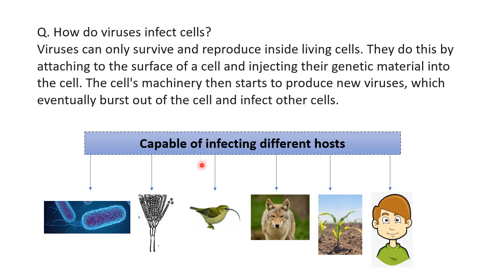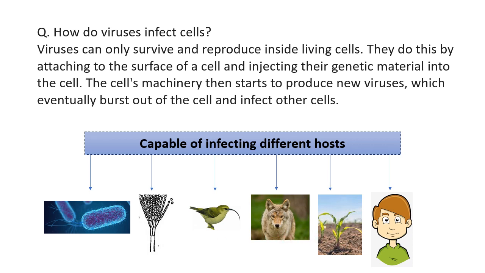Viruses are capable of infecting different hosts. There are viruses which infect bacterial cells, like the bacteriophage I showed you in the previous slide. Then there are viruses which can infect fungi, and virus particles which can infect birds, animals, plants, and humans.